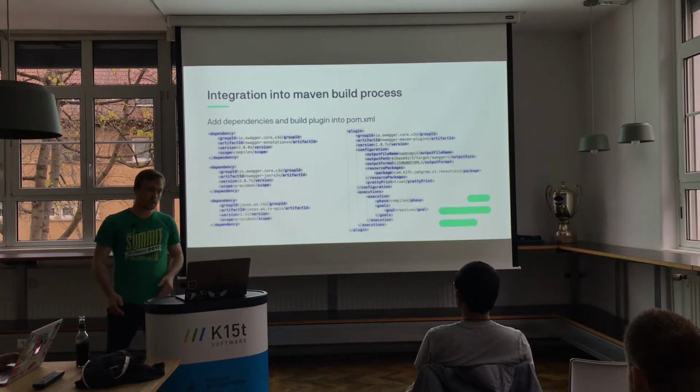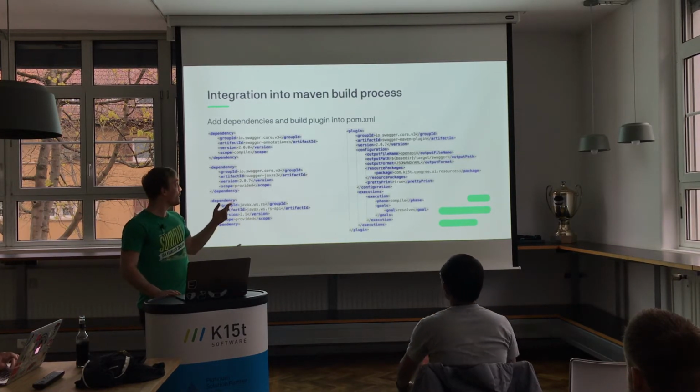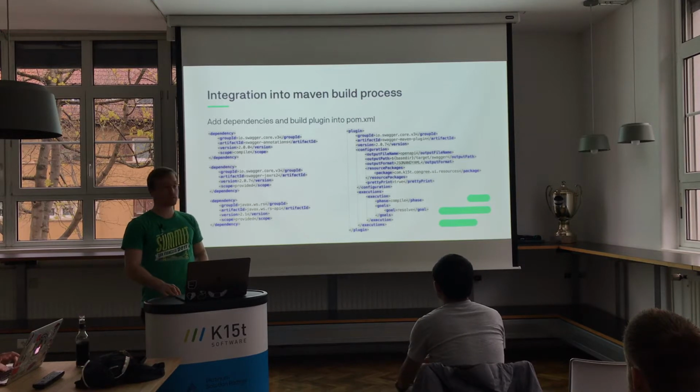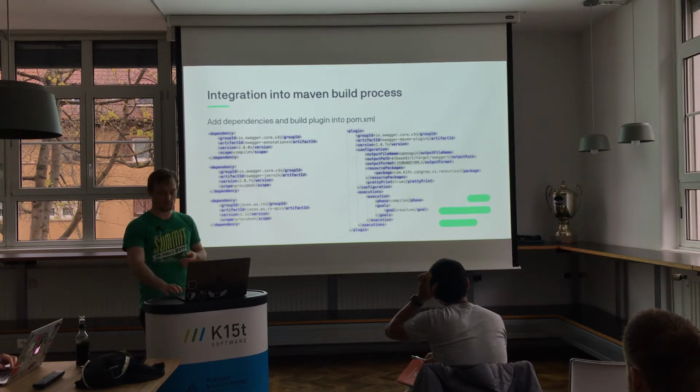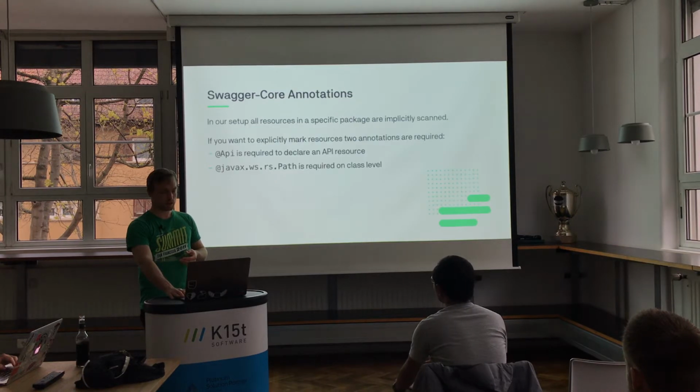And a plugin which was executed in the compile phase, which then parsed our REST resources and generated the OpenAPI JSON format. In our case, because we specified a resource package, everything was parsed automatically.